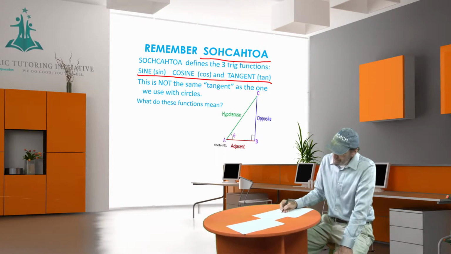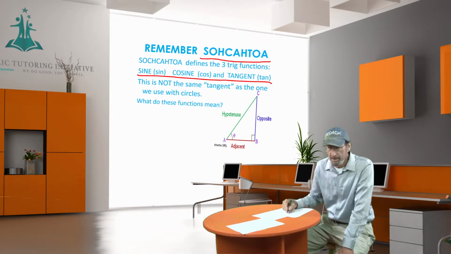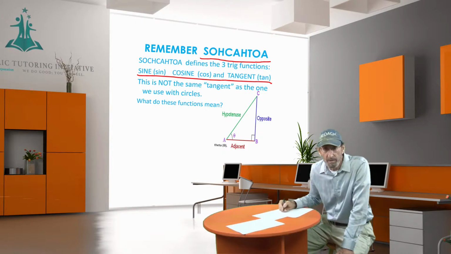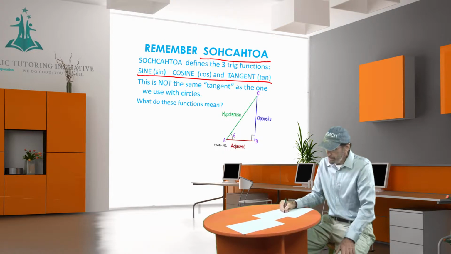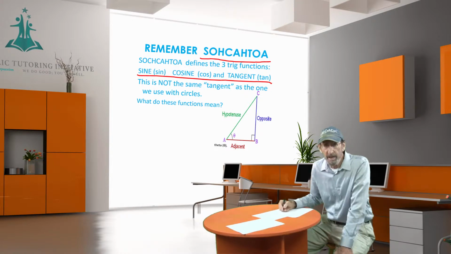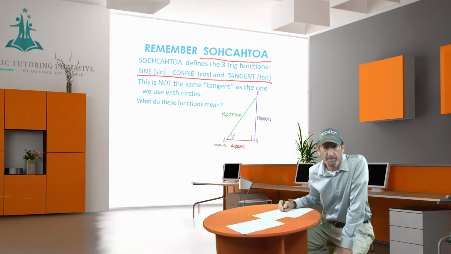The side opposite theta is called the opposite side, O. That's the O of SOHCAHTOA. The side next to theta, or adjacent to it, is called the adjacent side. That's the A of SOHCAHTOA.